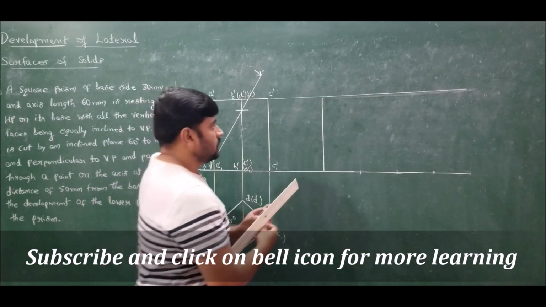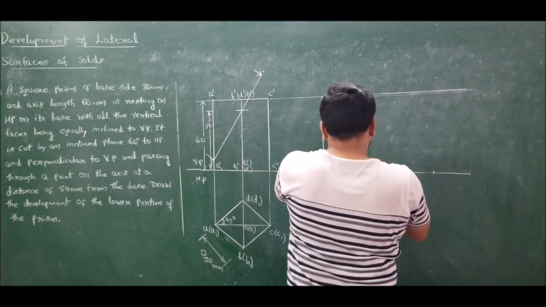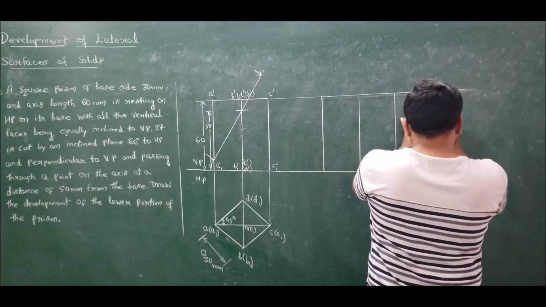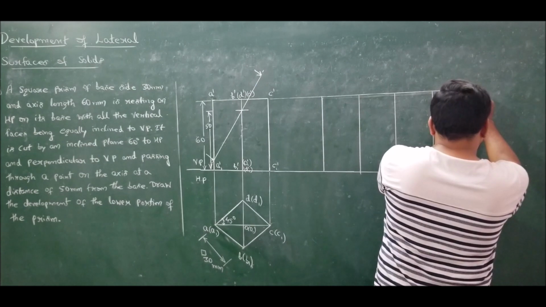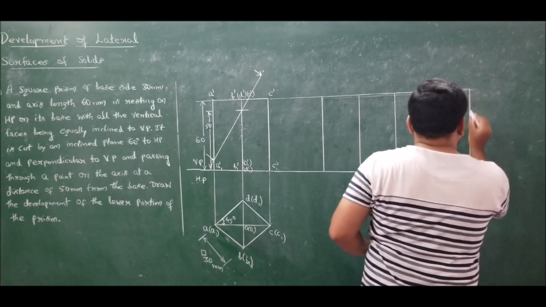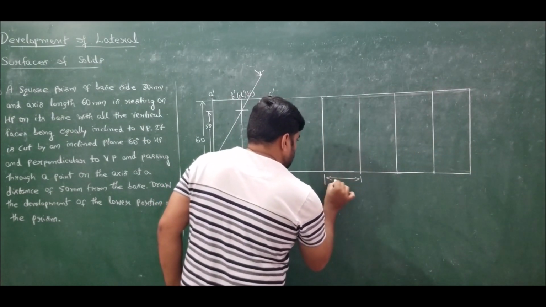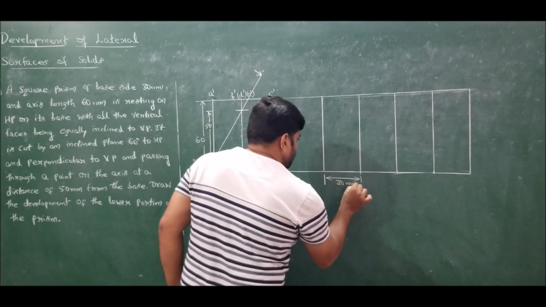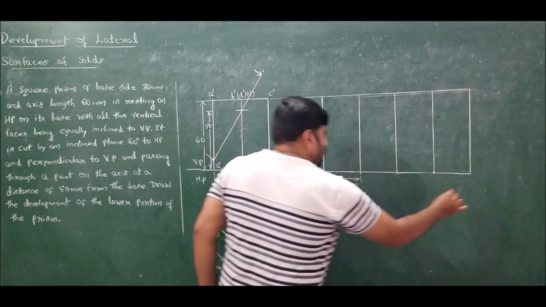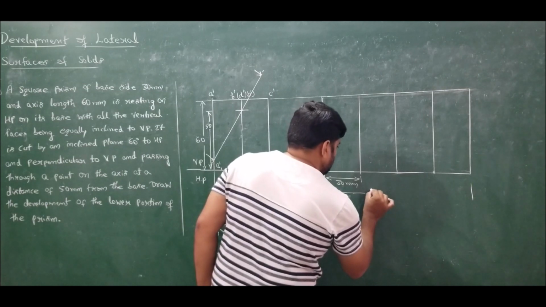So now, having unfolded all the surfaces of this square prism, which yielded 4 rectangular faces, each of dimension 30 mm cross 60 mm, the overall length of this development will become 120 millimeters.